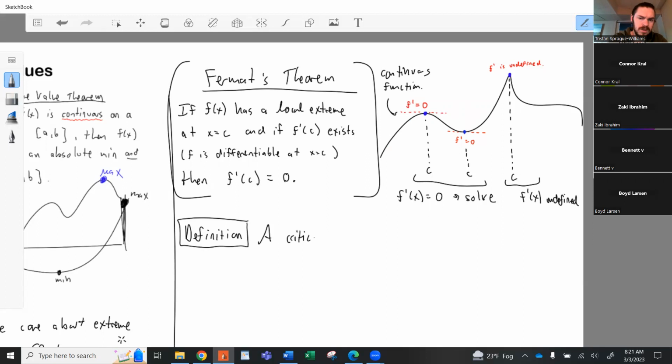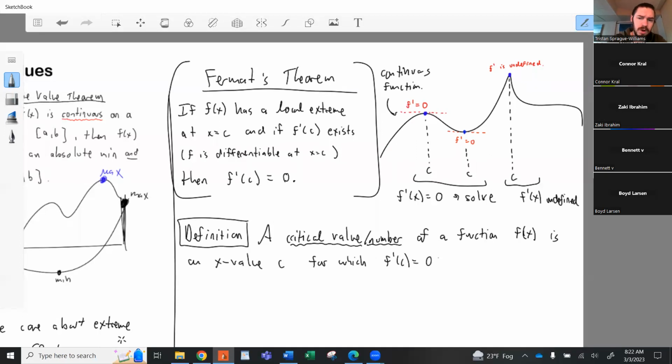A critical value or critical number of a function f of x is an x value c for which either f prime of c equals 0 or f prime of c is undefined.